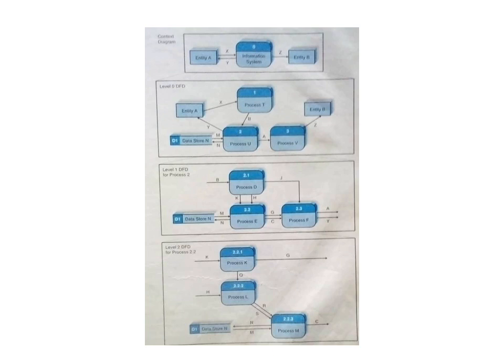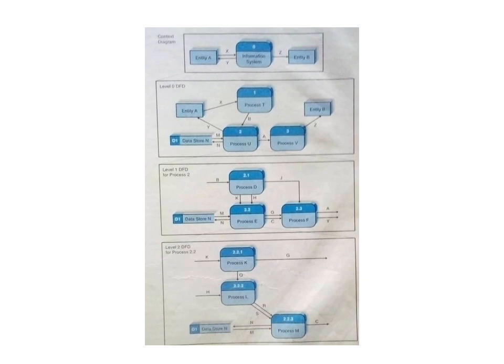Now, the next level is the level 0 diagram, which shows you the main processes that the system is meant to do. When creating your DFD, ensure that these main processes are the key processes that target the key problem that the system is meant to solve.